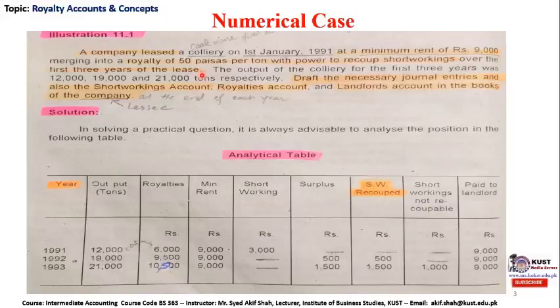Let's suppose the company has utilized the mine at its full capacity and the royalty fee, which is the tonnage output multiplied by 50 paisa, is greater than the minimum rent of 9,000. Then the rule shall be to pay the royalty fee to the landlord. The minimum rent will not be considered in that case.